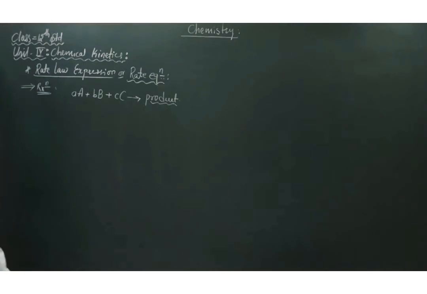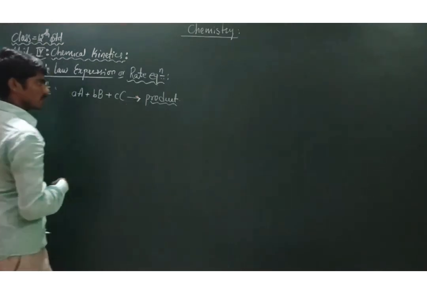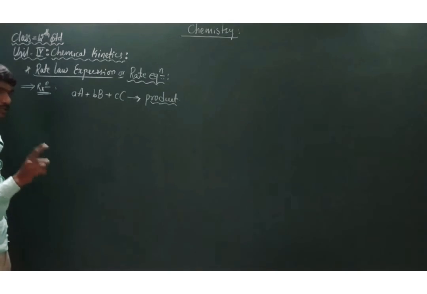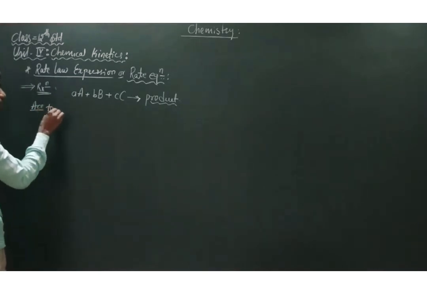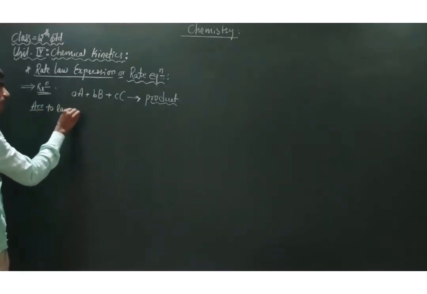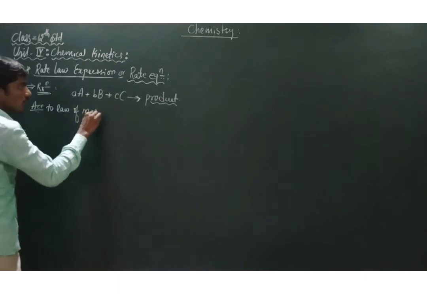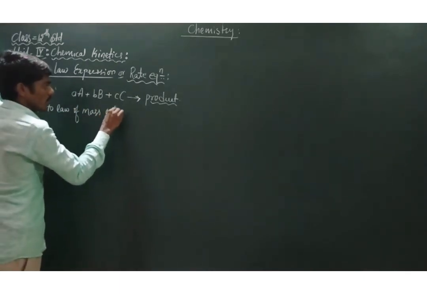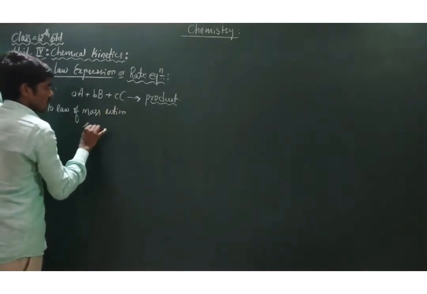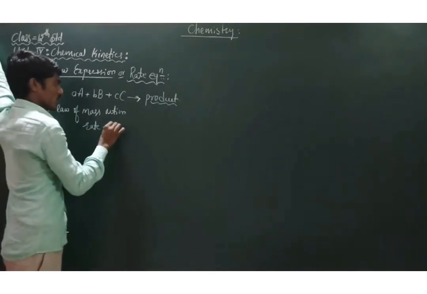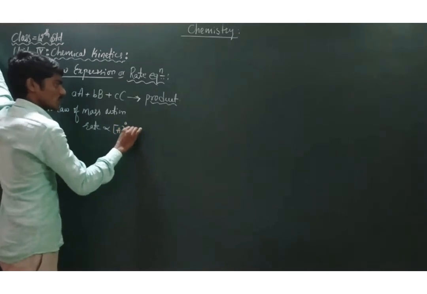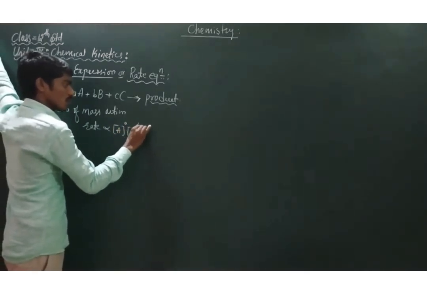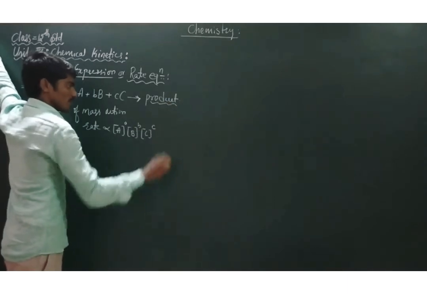In this case, according to the law of mass action, we can write that the rate of this reaction is directly proportional to concentration of A to the power a, concentration of B to the power b, and concentration of C to the power c.